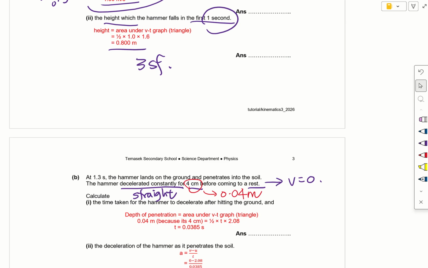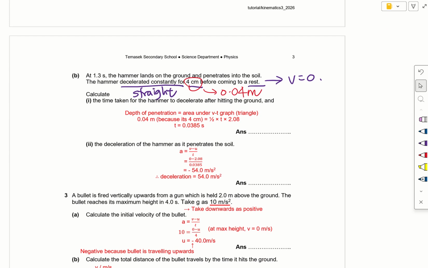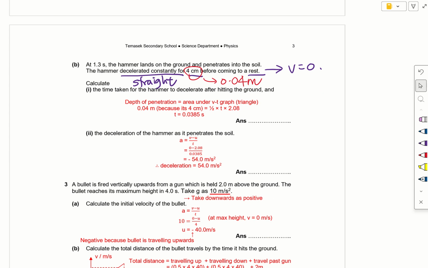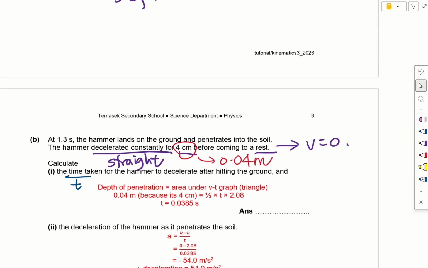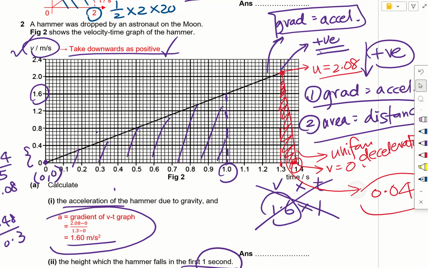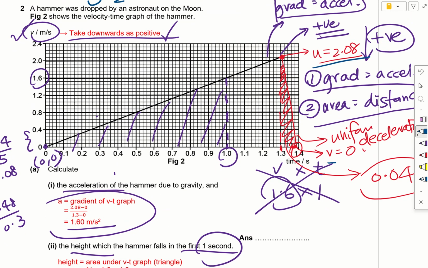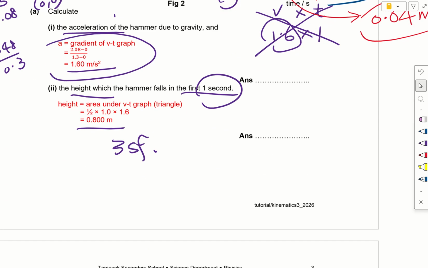So I need to again use the area under the graph equals to distance traveled. So for the depth of penetration, they want us to calculate the time taken for the hammer to decelerate after hitting the ground. That means from speed of 2.08 to speed of 0, what is the time taken?